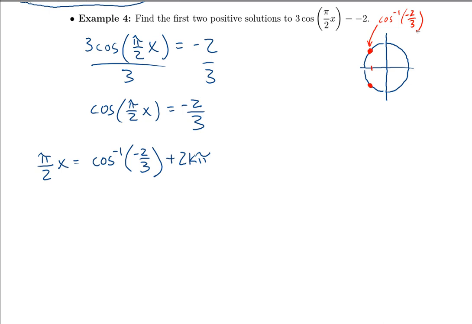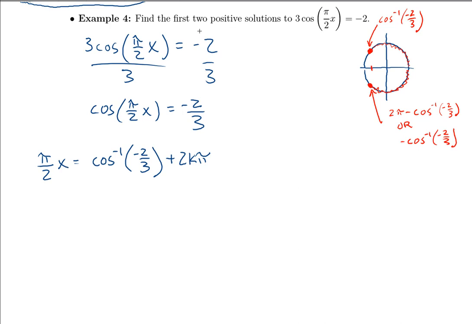Okay, so if that's the cosine inverse of negative 2/3, what's this? Well, we know that if that's the cosine inverse of negative 2/3, that same distance in this direction is going to give me that as well. So you can do this either way. You can either say it's 2 pi minus the cosine inverse of negative 2/3, or if you'd rather, you could just say it's negative cosine inverse negative 2/3. It doesn't really matter.